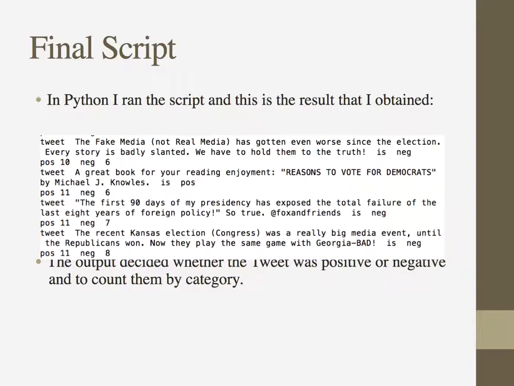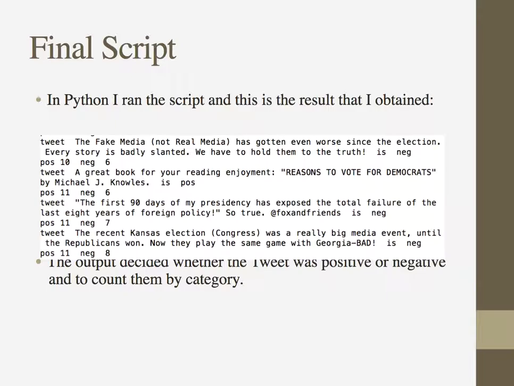So for the first one, I had 10 different tweets that were positive and 6 negative. In the second one, let's say the tweet "A great book for your reading enjoyment, Reasons to Vote for Democrats by Michael J. Knowles" is positive. So if you see, it changed the positive to 11 compared to the last one that I had at 10, and the negative was still the same.